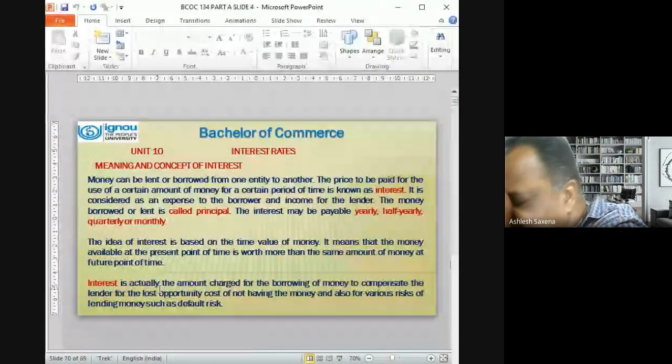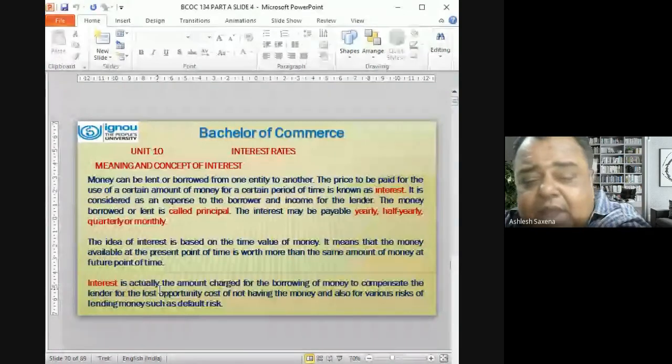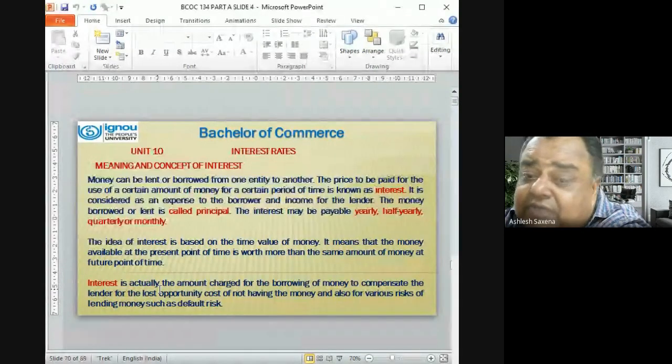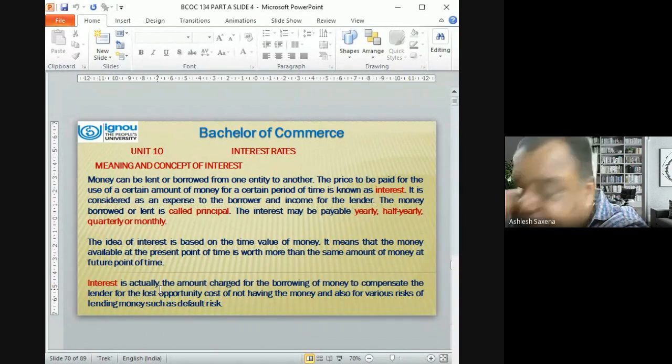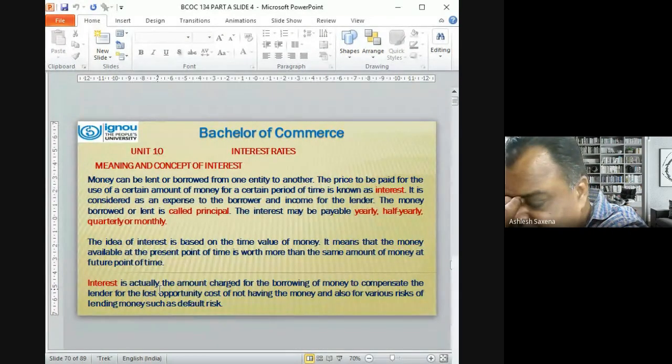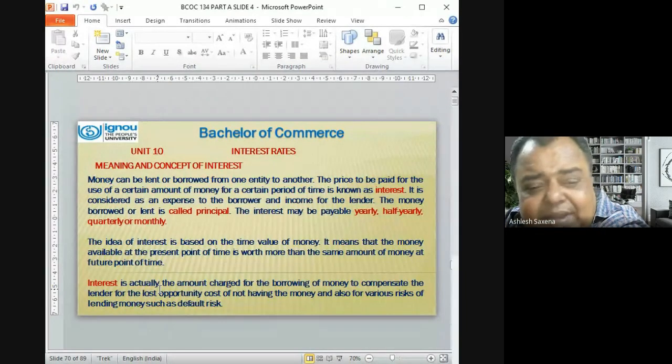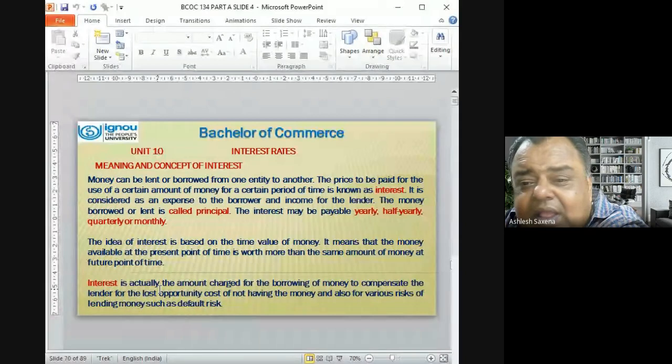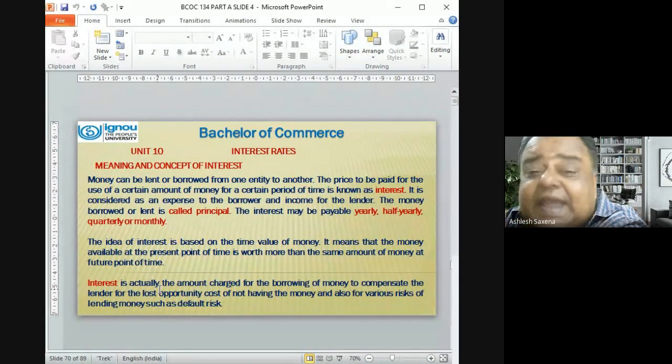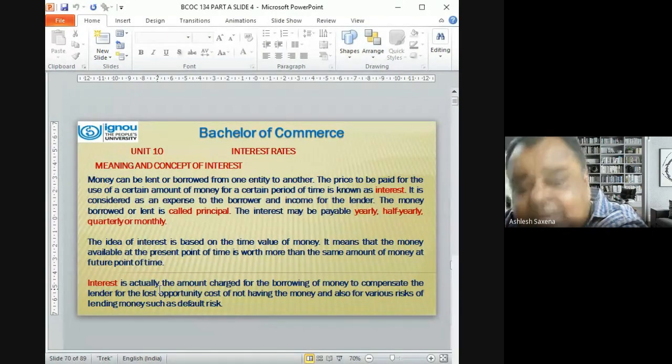You say, okay sir, I will provide you $100, but after 3 months you have to provide me $105. Some calculation might have been done by you. That $5 is the interest you are getting by lending me $100.